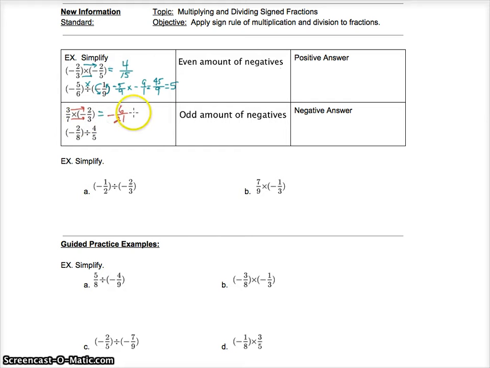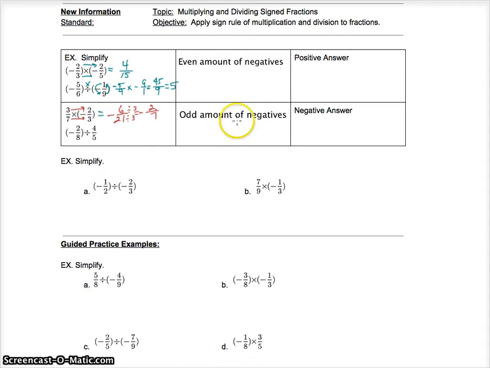So that means that my answer is going to be negative. Now I need to reduce it if possible. 3 goes into both of these, which equals 2 over 7. Negative 2 over 7, excuse me. Negative 2/7.